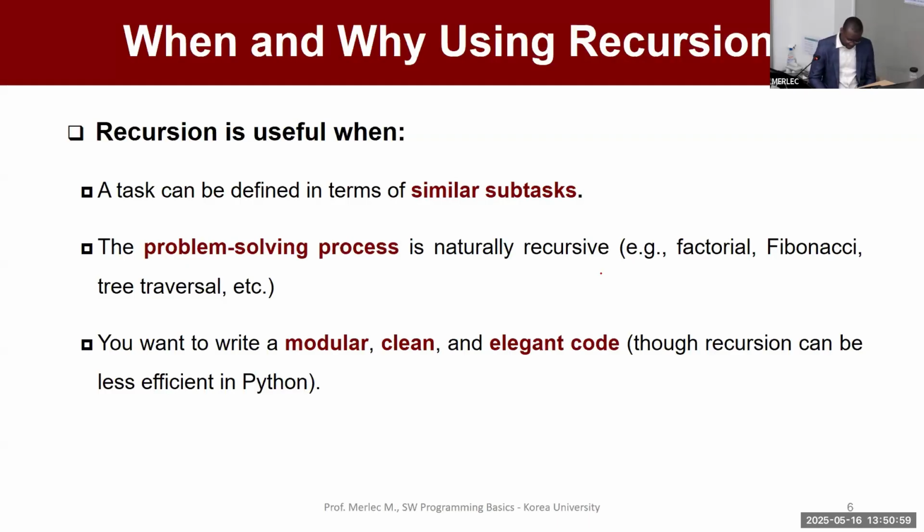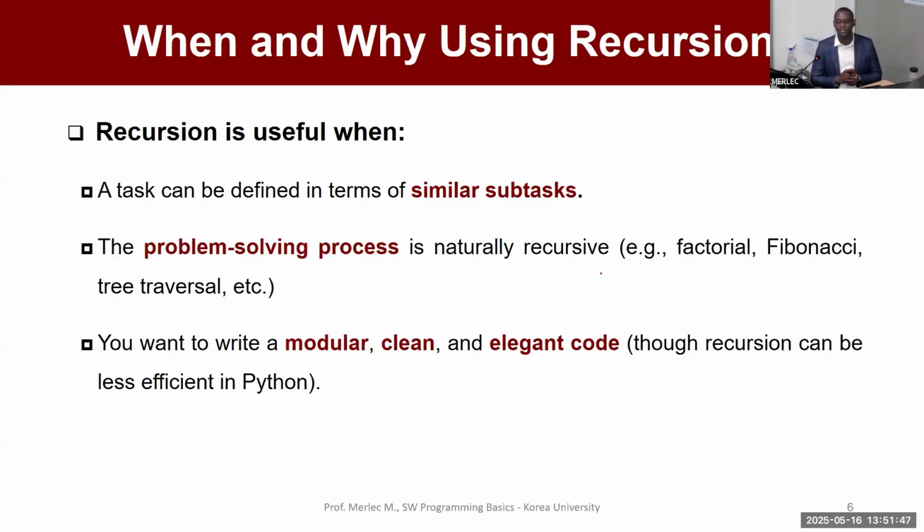And in the case where we have a problem which can be naturally recursive, such as the factorial problem or the Fibonacci number series or traversing a tree, like I've shown in the previous slides. So in some cases, when you want to write modular, clear, and elegant code, you can also use recursion. But remember that recursion requires a lot of resources. So it's quite expensive in terms of memory and computation. So it's less efficient. So you have to know when to use exactly the recursion.